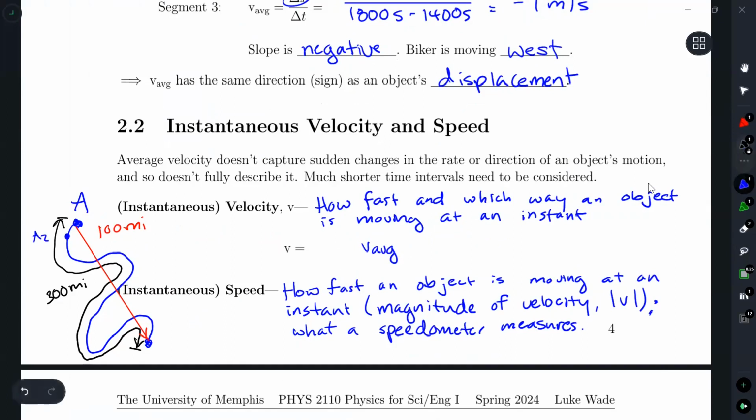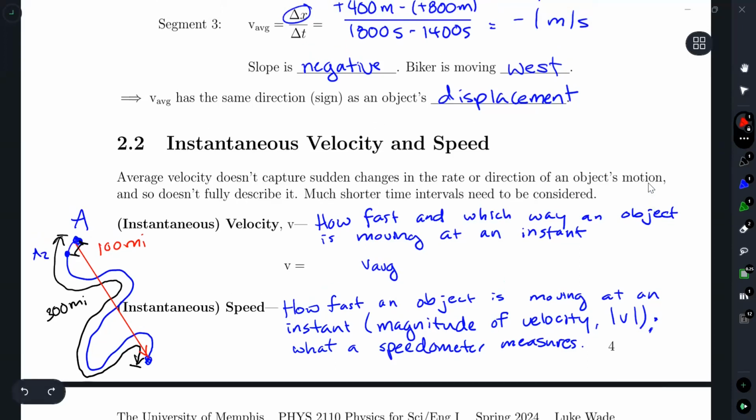In that case, hopefully you can see that my distance, whatever it is, and my displacement have pretty similar lengths to them. So displacement's the straight line, the direct path. Distance is actually traveling along that curve.